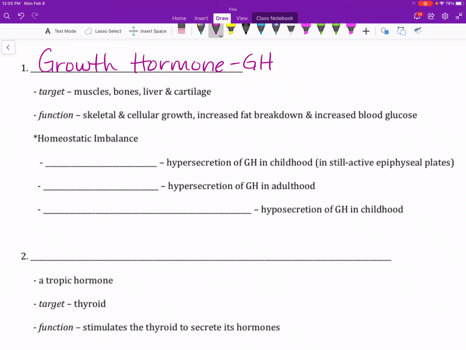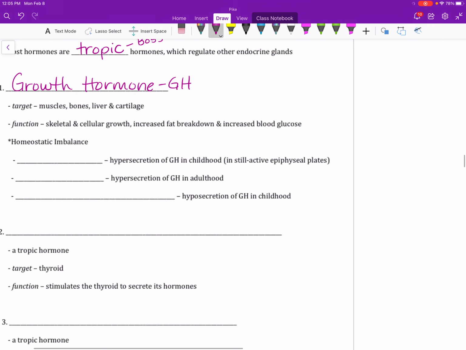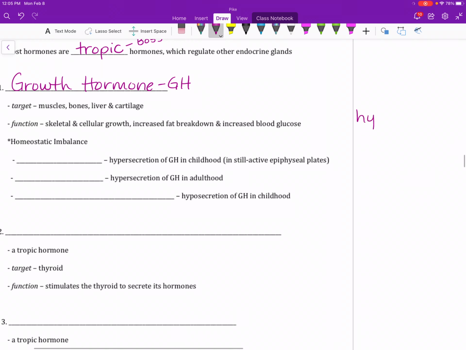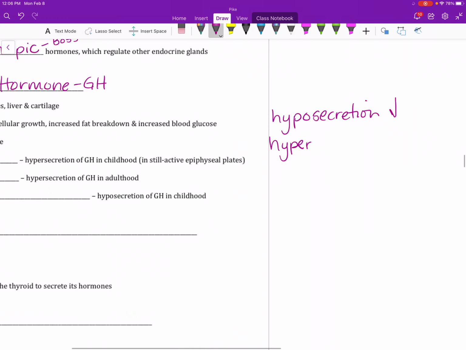Now for a few hormones we're going to talk about what happens if you don't have enough of that hormone and what happens if you have too much. So let's talk about those prefixes. Remember, we've got hypo and hyper. We've seen those before. If you have a hyposecretion of a hormone, you don't have enough.